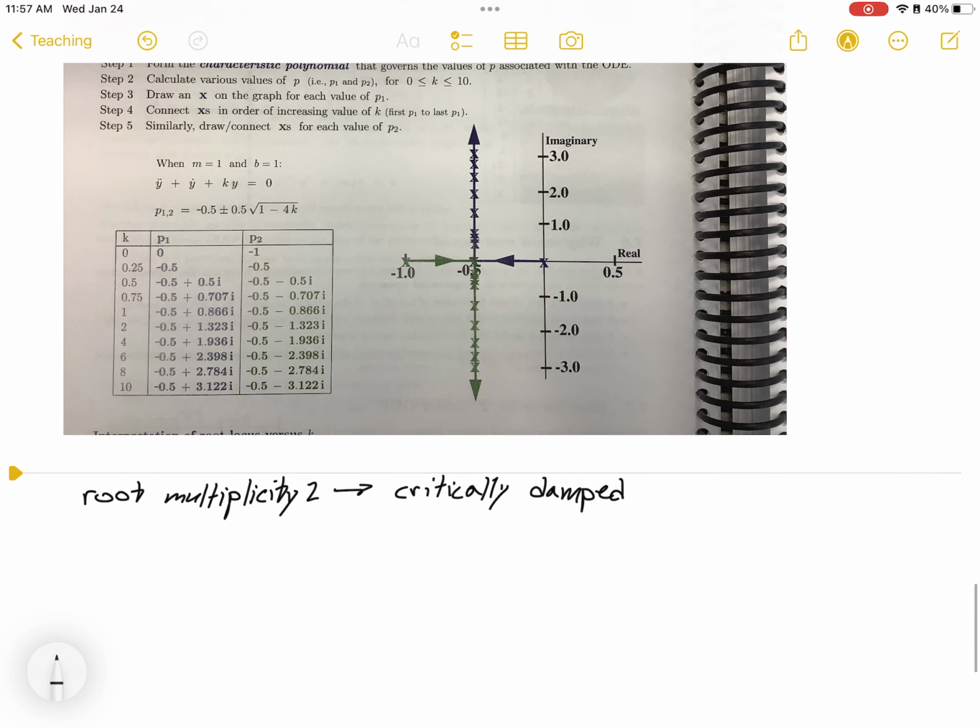If you have real distinct roots, so you have two roots that are not the same value, but they're both on the real axis, then it's overdamped.